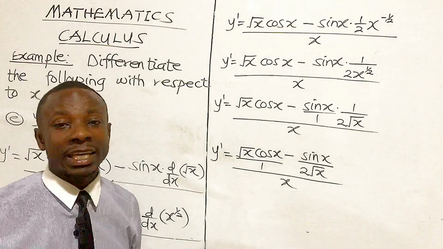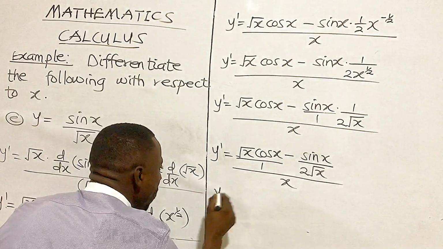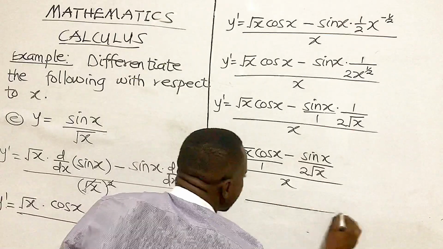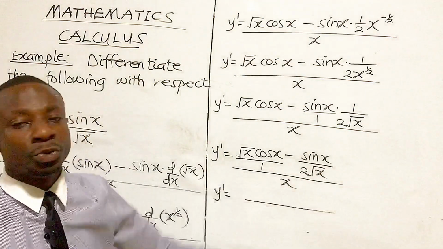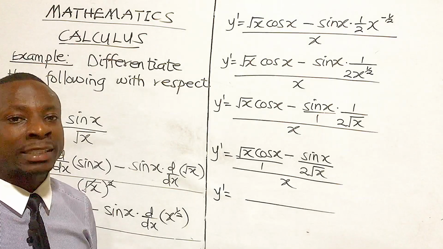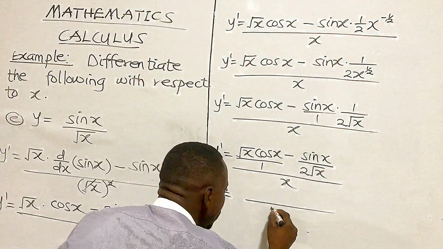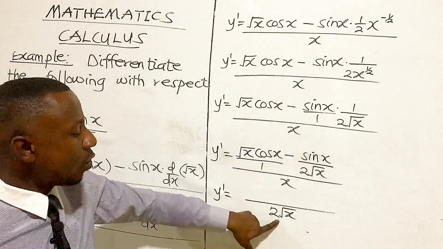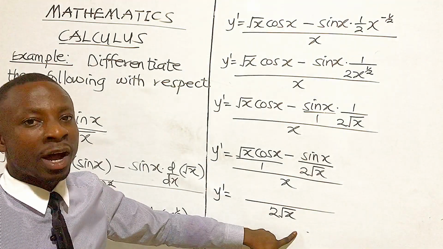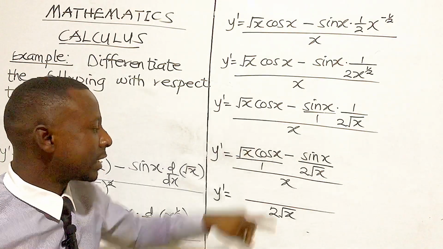So we are going to take the LCM. So we have y prime to be equal to, now the LCM of 1 and 2 root x, we are still going to get 2 root x. When 1 goes into 2 root x, we still have 2 root x times root x cos x.